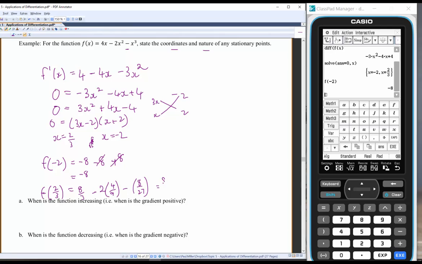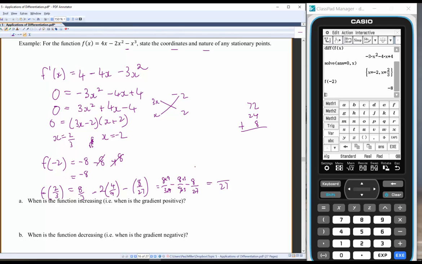Okay, equals 8 on 3, take away 8 on 9, take away 8 on 27. Times 9 times 9 times 3 times 3.